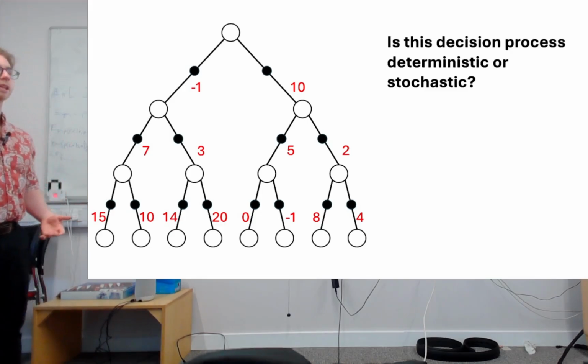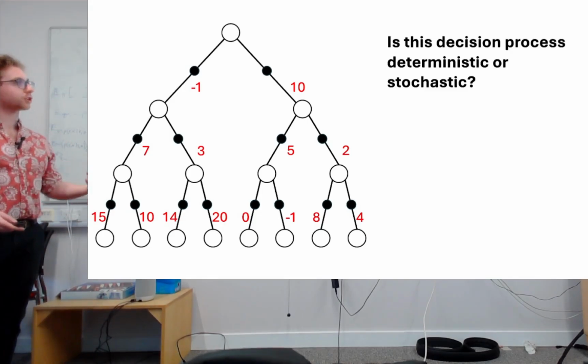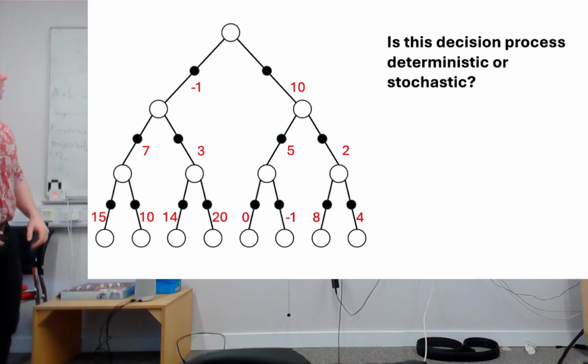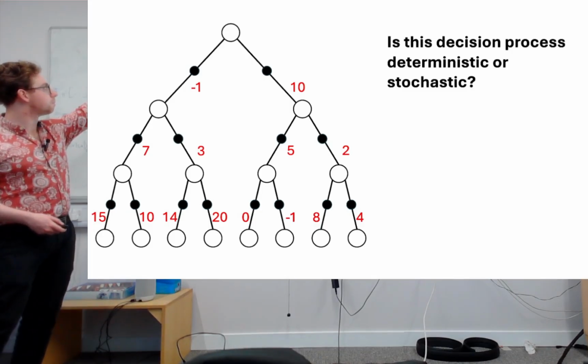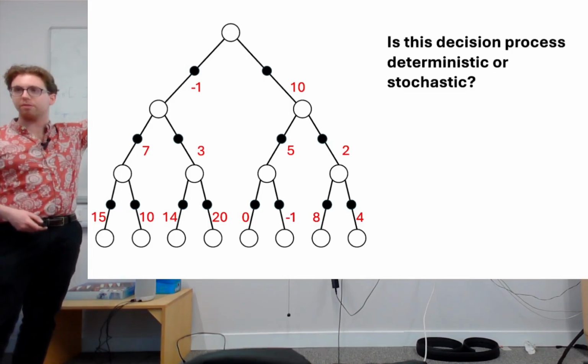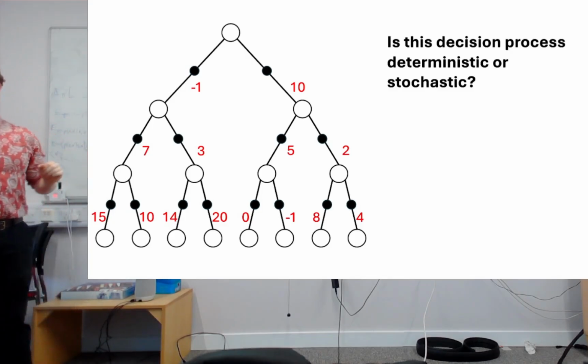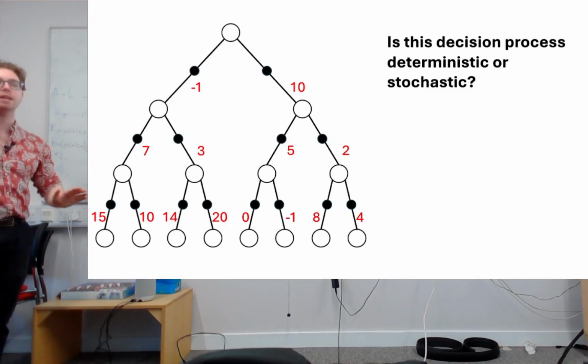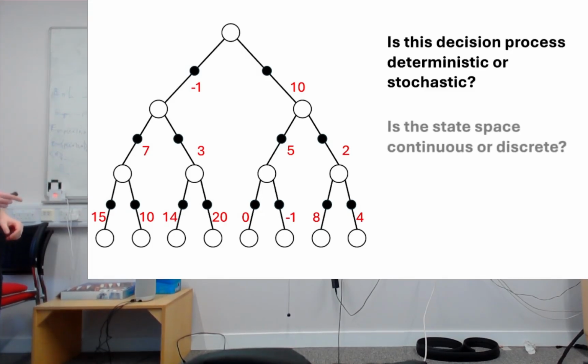So it's deterministic because for each one of the actions I can perform, I definitely receive one reward and I definitely transition into another state, right? So if I choose the top, this action here, the one that's closest to me at the top, right, then I'm definitely getting a reward of -1 and I'm definitely transitioning into that state there. There's no randomness in this MDP, it's a deterministic MDP.